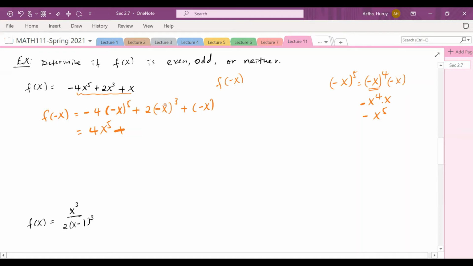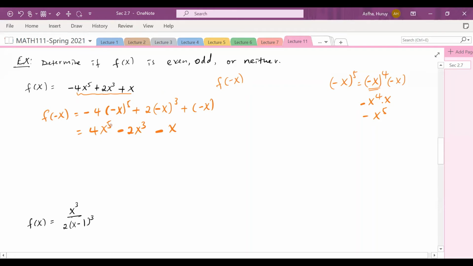If this is negative, then the output will still be negative. Therefore, this is -2x cubed minus x.